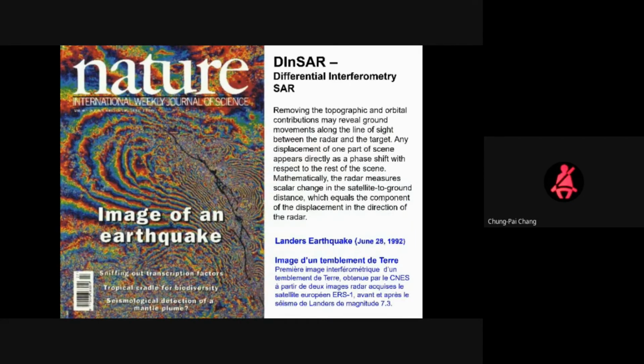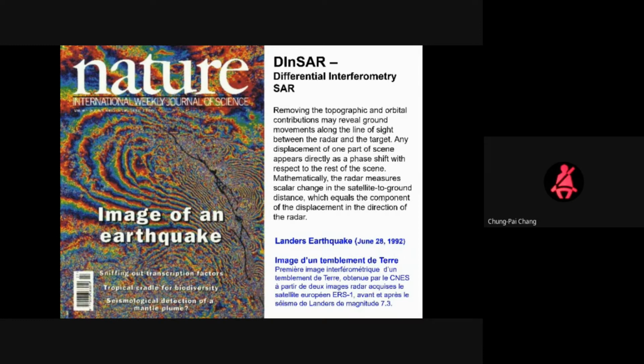So as I mentioned in the beginning, in 1992, ERS-1 was launched, and then the Landers earthquake occurred along the San Andreas Fault. So Massonnet and others used the images acquired before and after the earthquake to generate this pattern, this interferogram. The black lines here show the fault line.